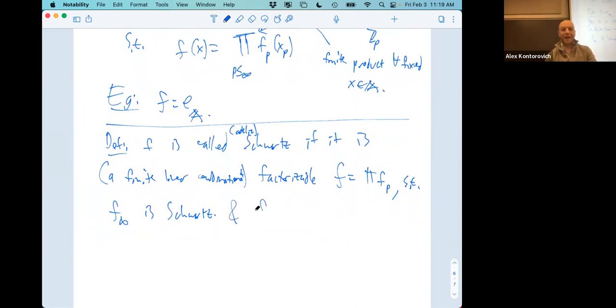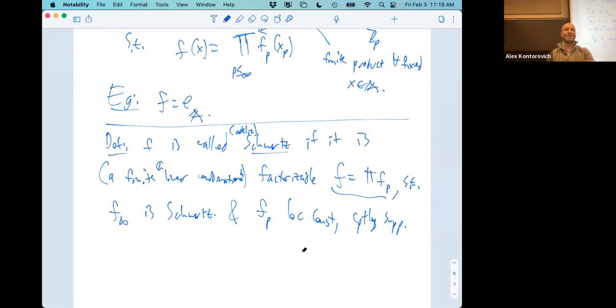And f_p are Schwartz, meaning locally constant and compactly supported. A linear combination of such functions? Yes. So if it's factorizable, then I want this, and then I allow finite linear combinations, C-linear combinations of such things, which will be called Schwartz.